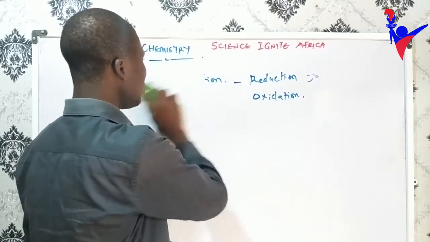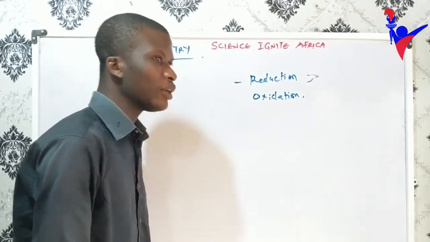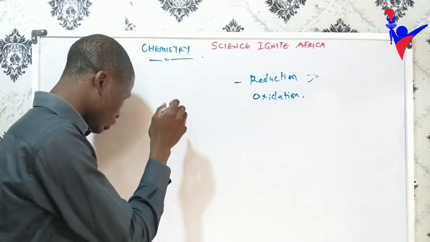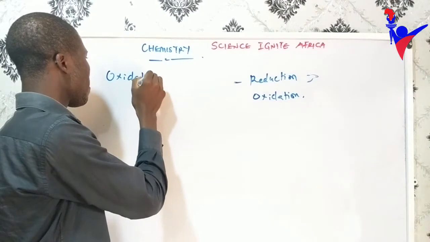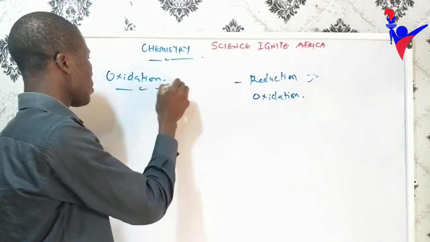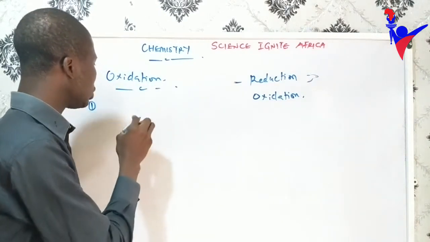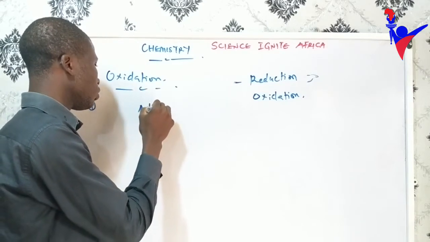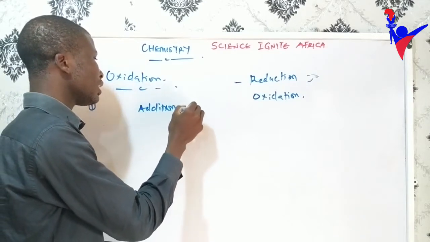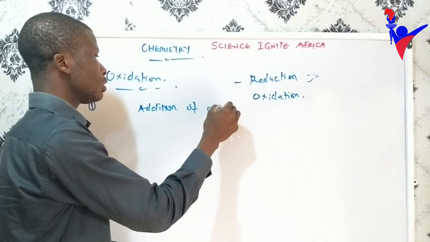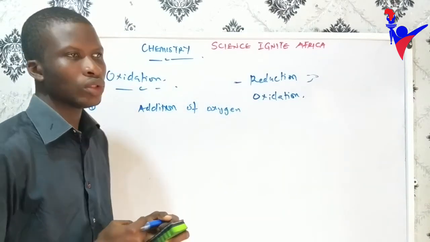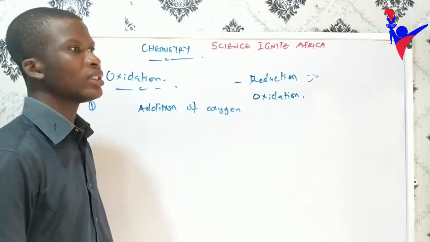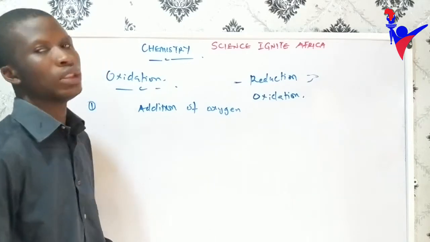Now, the one that is very obvious for most of you, let's start with oxidation. We know oxidation is addition of oxygen. That is, when you add oxygen to a reactant, you are saying that you have carried out oxidation.